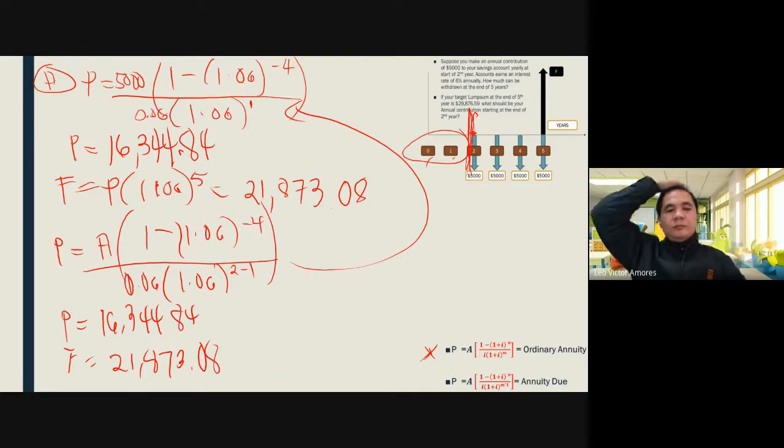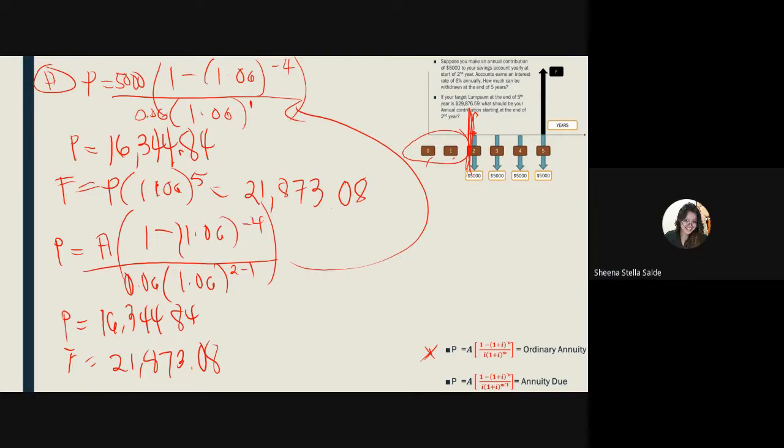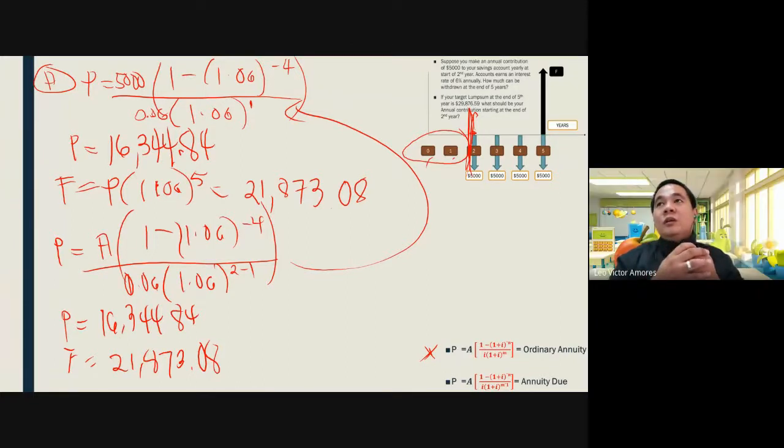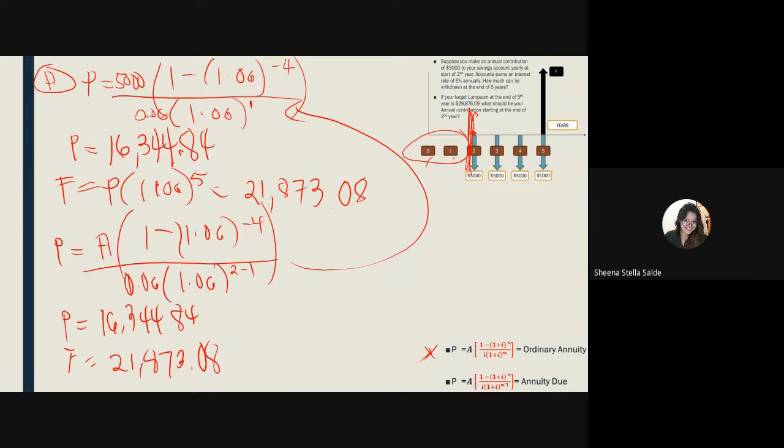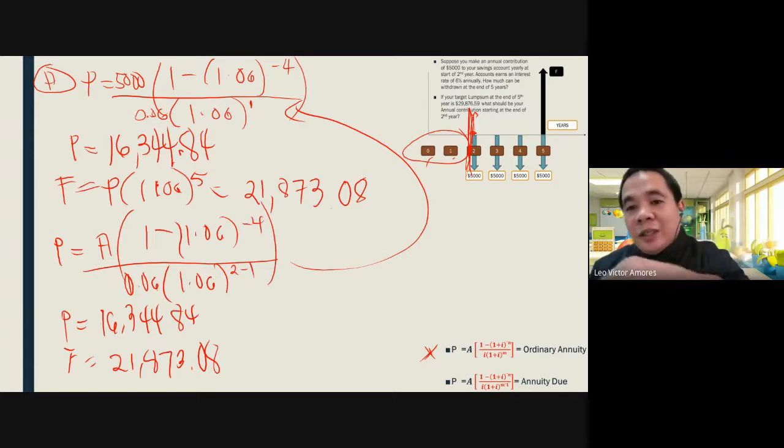Question. Sir, why is the M for the ordinary annuity 1, while the M for the annuity due is 2? For an annuity due, if you start immediately, you should have paid at year 0 and year 1, so you have 2 deferred payments.